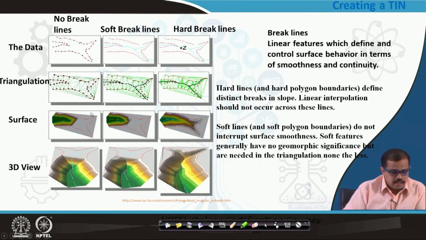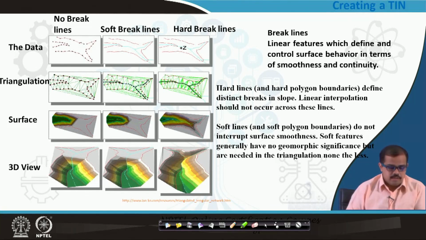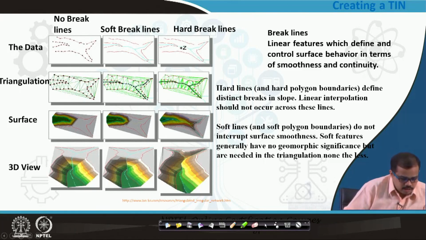Once you have done it, the entire surface data is then overlaid on this aspect. Now you have the plus or minus z values. This can be looked at in a 3D view. This is a representation of this particular 3D view.